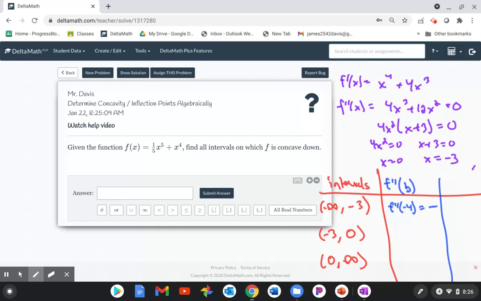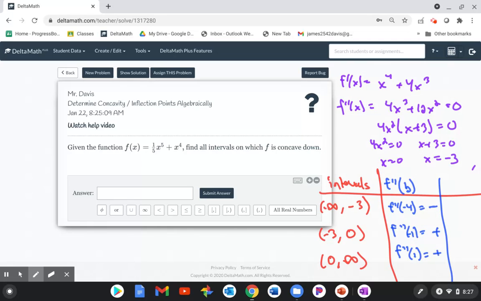So it's negative. f double prime of, say, -1 is positive 8, positive. And f double prime of positive 1 is still positive 16. All right. So at this one inflection point, it kind of goes to 0, but then it stays positive.